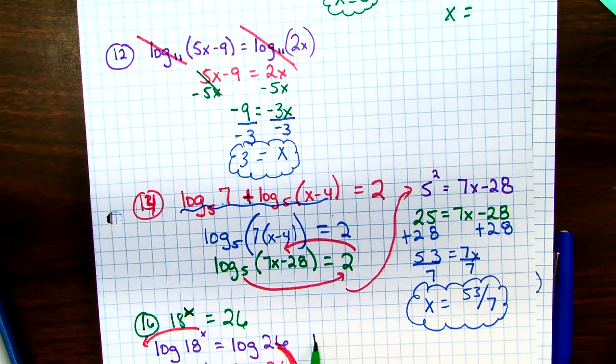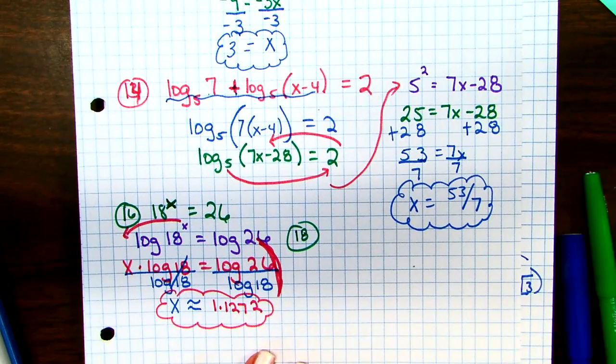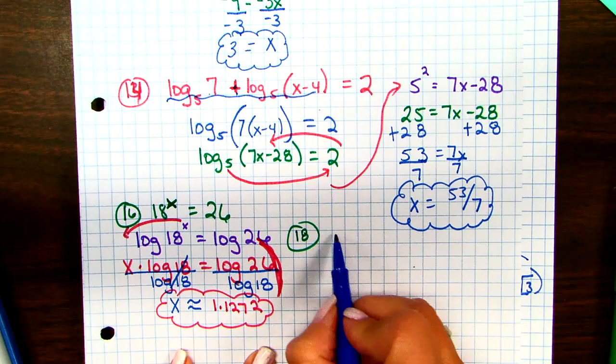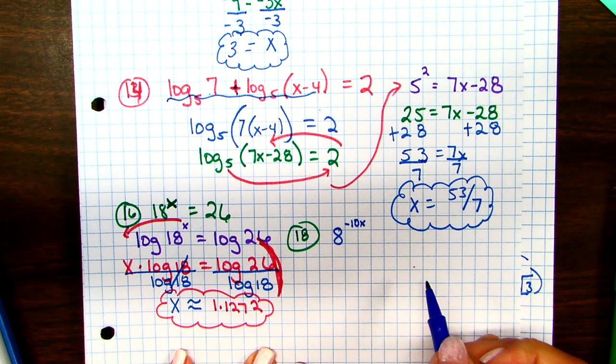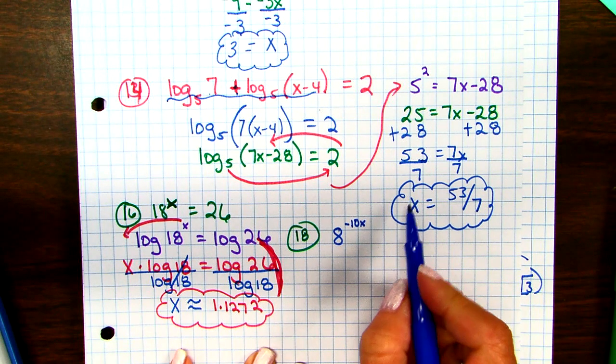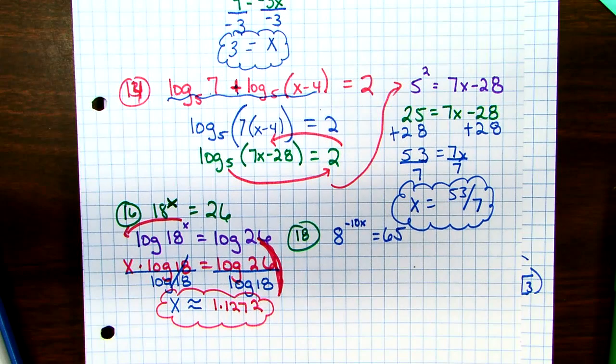All right, 18 is another exponential function, so it's going to be the same kind of steps. 8 to the negative, again, I'm going to change it to an x, negative 10x equals 65. Like bases? No. Take the log of both sides? Yes.